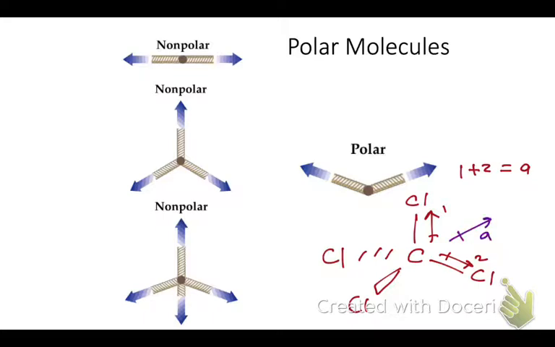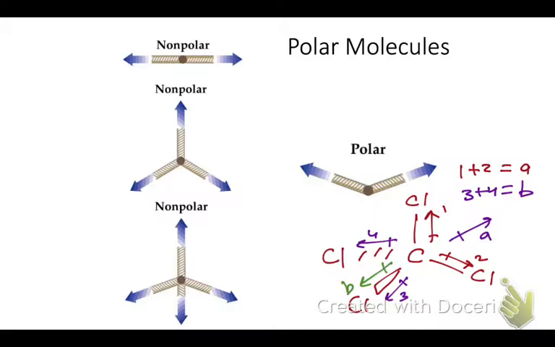And if I add dipole 3 to dipole 4, 3 plus 4 is going to give me B, and this is how B will look.